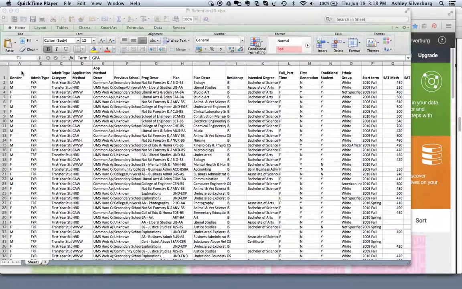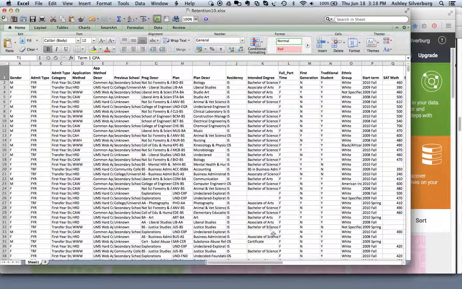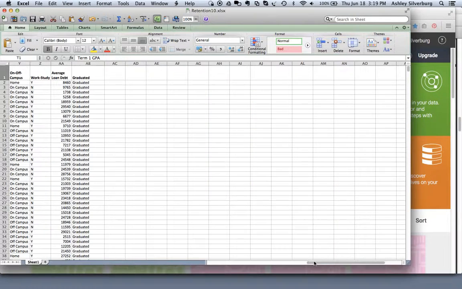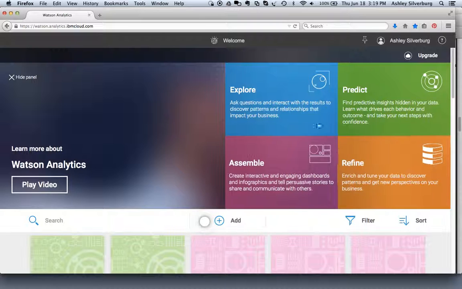So this data that we're seeing here has just some of the attributes of students that we track, like gender, admit type, program and plan, whether they're full or part-time, what their SAT scores are, what their GPA for their first term was, their age, athletic and Greek participation, and others, and then indicates whether or not they graduated.